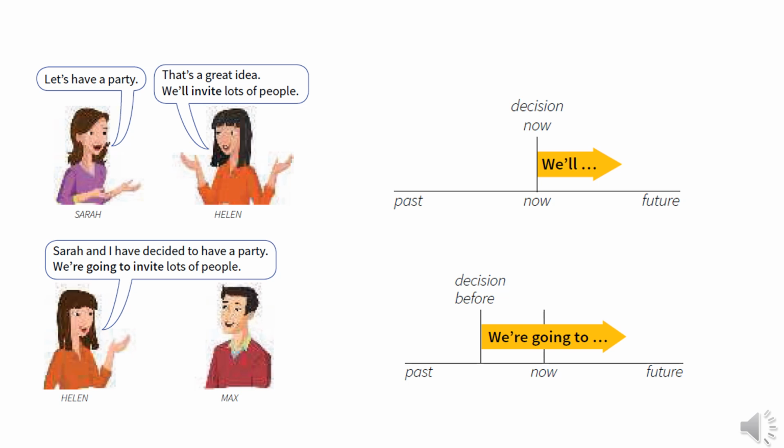So the decision started at a specific point in the near past and continues till this moment and maybe to the future. Of course, we are going to invite lots of people. So in this way, we express an action that continues to the future. And you can see that clearly within the timeline chart here.